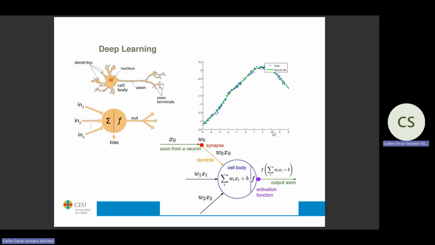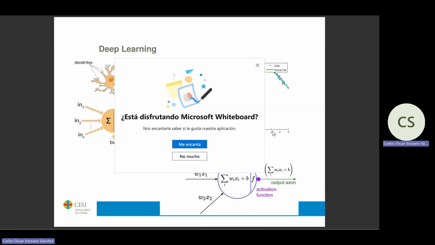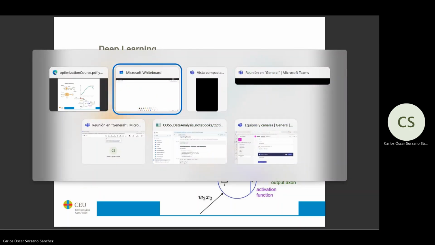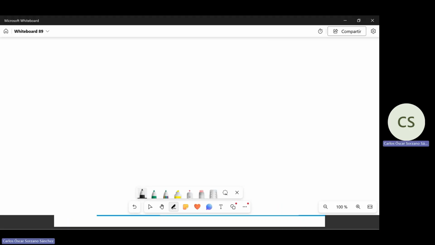So if you give me a set of observations, x_i, y_i, and these can also be vectors, and you give me many of these, i equal 1 to n, then I can always find a function that approximates these observations with as much accuracy as I like.